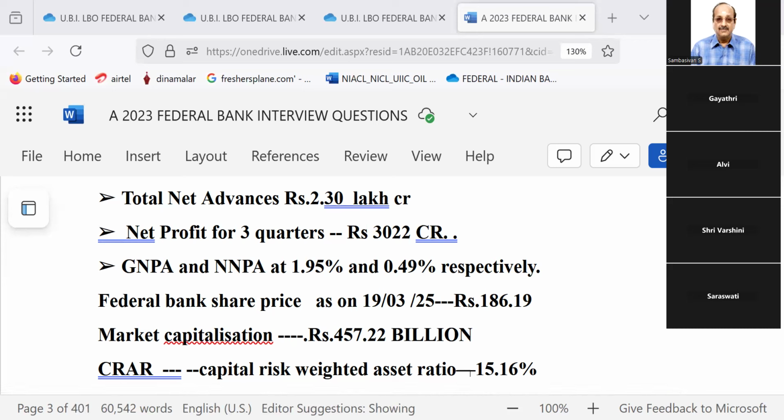Out of that, at least 9% the bank must have as its capital. If the risk coverage is coming as 100 crores, the bank must have 9 crores with it ready-made. That is to ensure that the bank will not be put into difficulties.